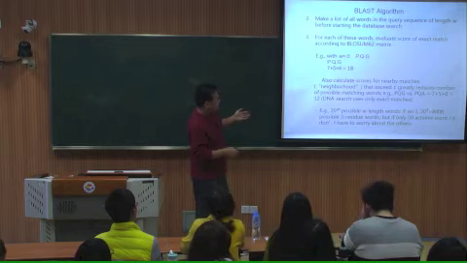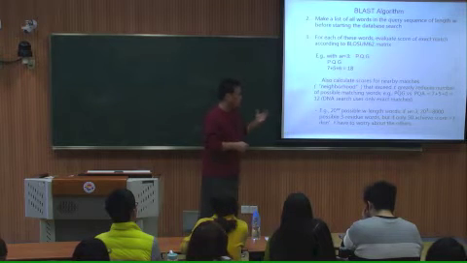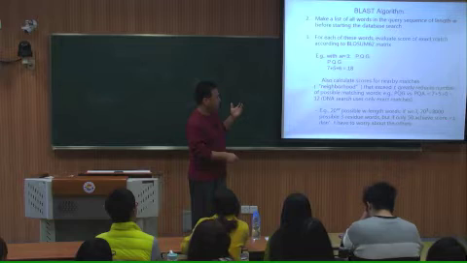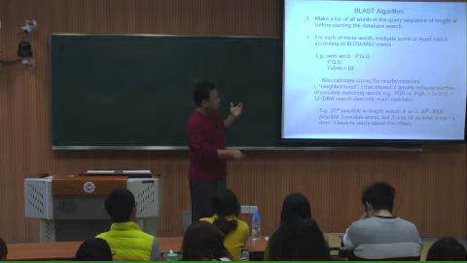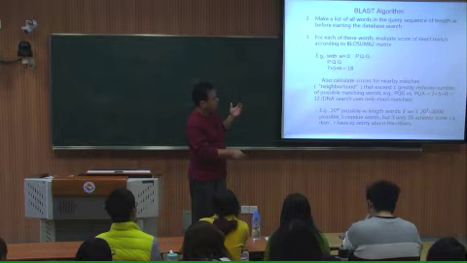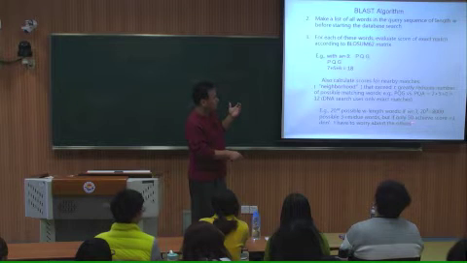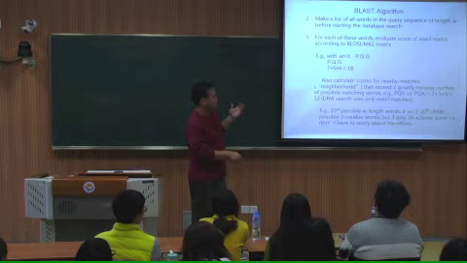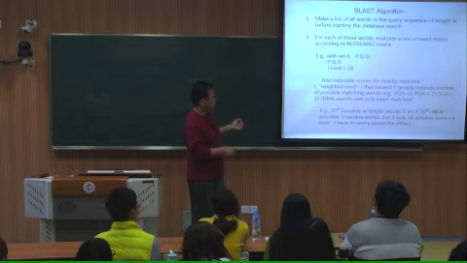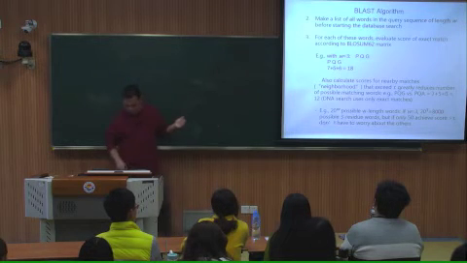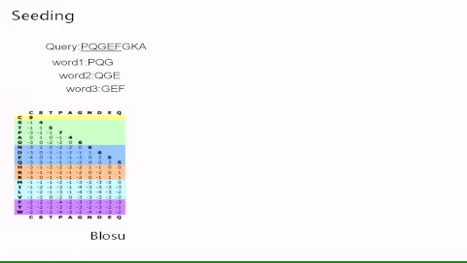Because the score has to be larger than T, although the total number of possible words is big, about 8,000, only a few words will be checked in the later stage. So this is how it works.